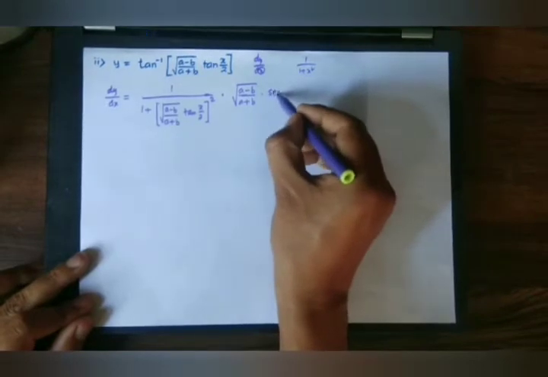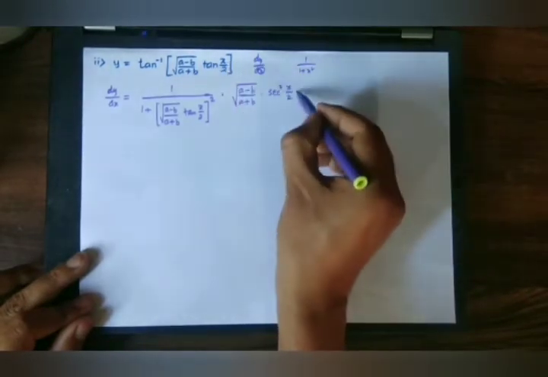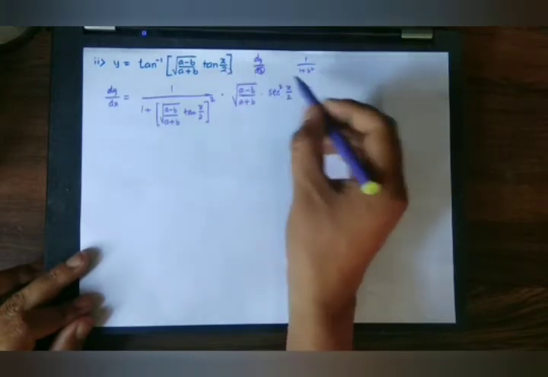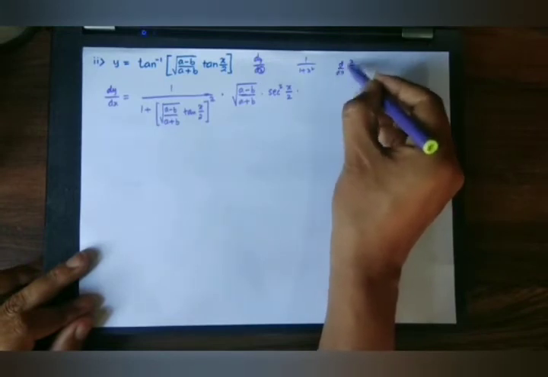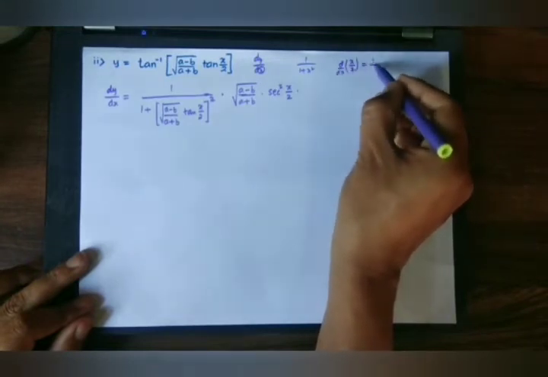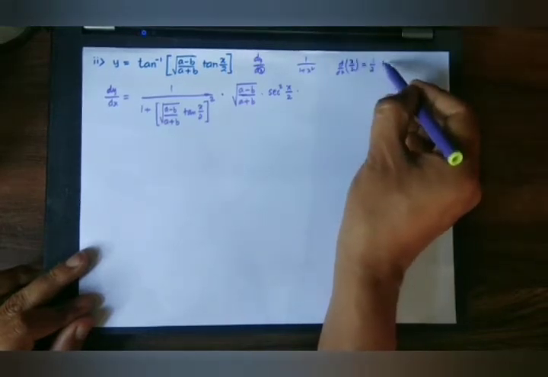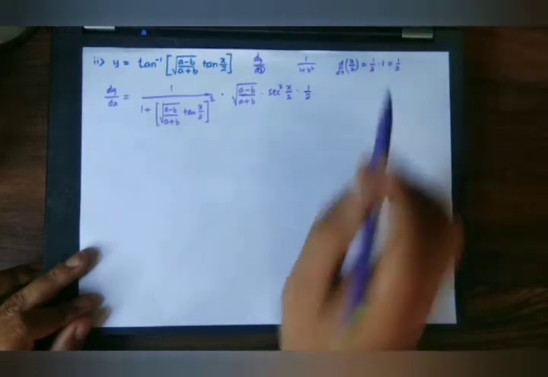So it will be sec square, angle is x by 2, okay, into, now we need to differentiate x by 2 as well. Now differentiation of x by 2 can be written as, this 1 by 2 will be kept outside because this is constant, and we need to differentiate x, and this will be 1 by 2 into 1, that is 1 by 2. So that's why it will be 1 by 2 out there.